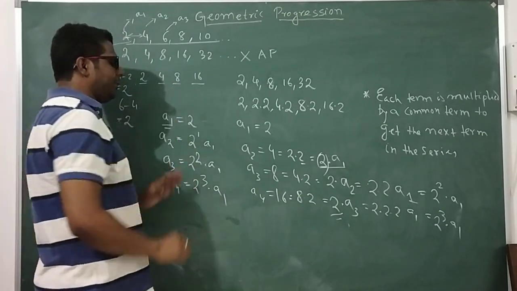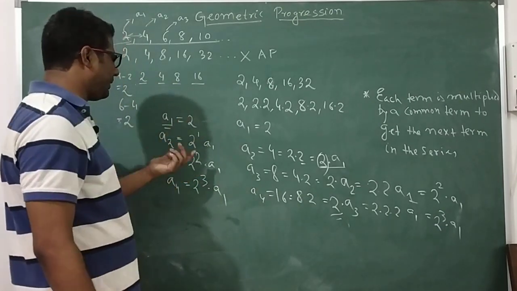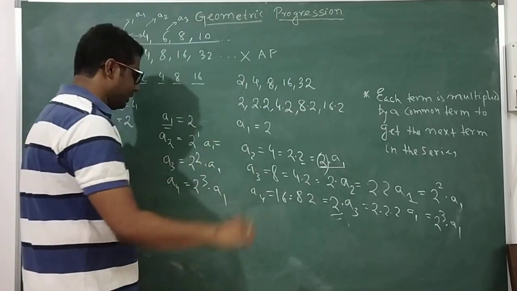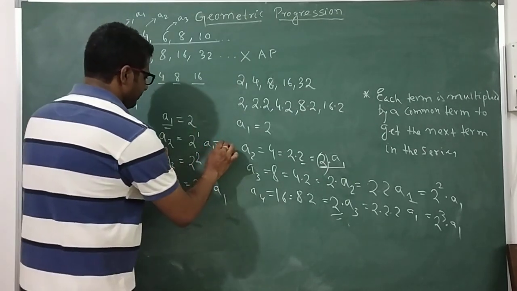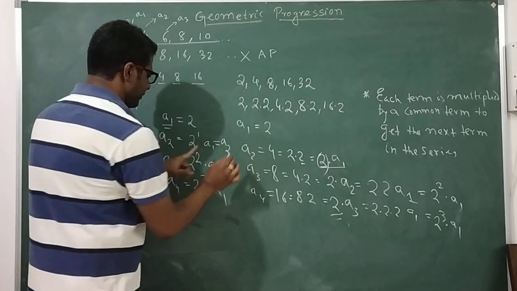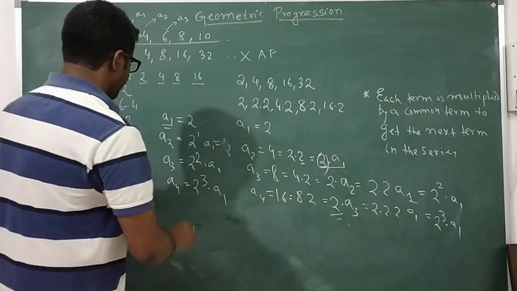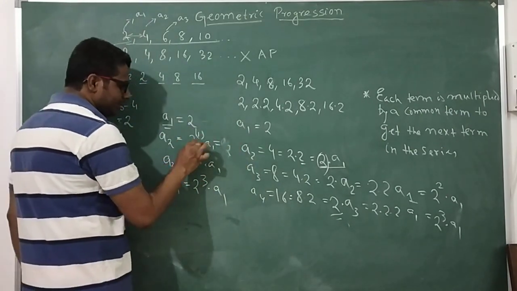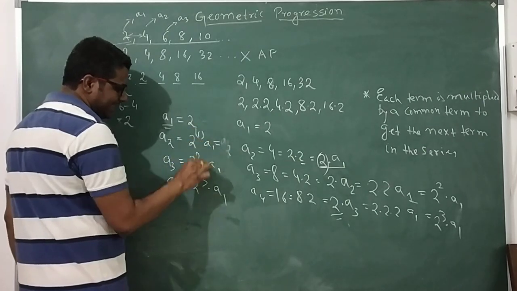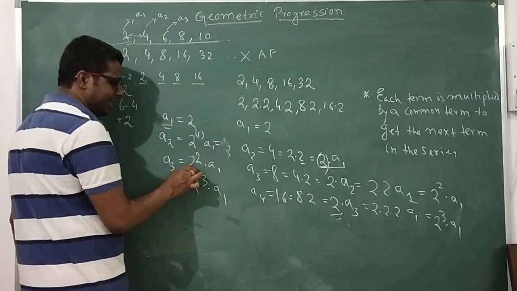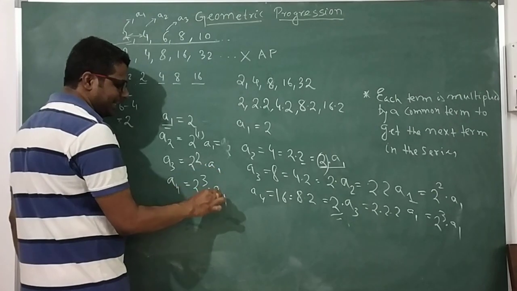Now let us try to find out something. Look, A1 will always be the first term, so there need not be any relation for it, though you can calculate. A2 is 2 to the power 1. Now this is what is changing in each term. Nothing else is changing. 2 is there in every term, A1 is there in every term.